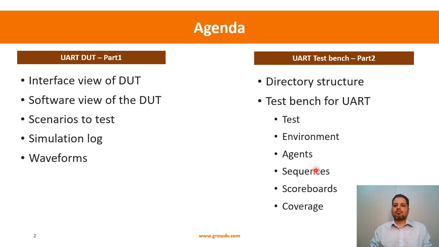The stimulus gets executed on the DUT with the help of the environment, and then the scoreboards capture through monitors what is happening on the interface and do the checks, and then coverage covers it, right? So we will look at each of these components and how they are implemented in UVM.